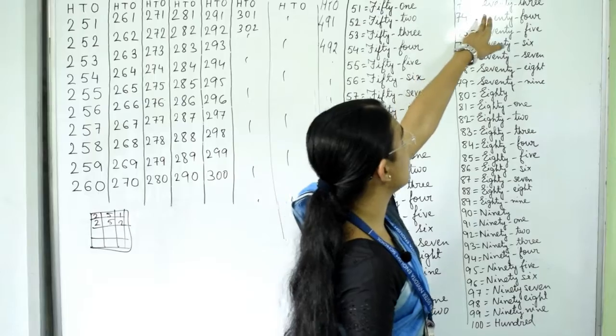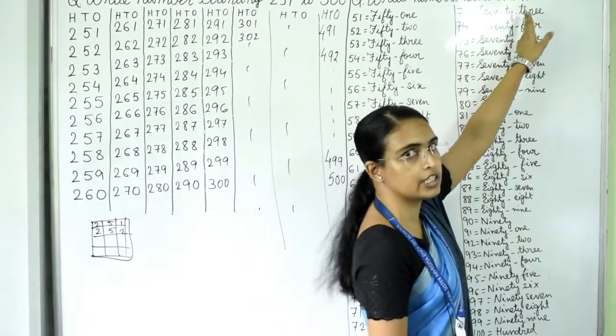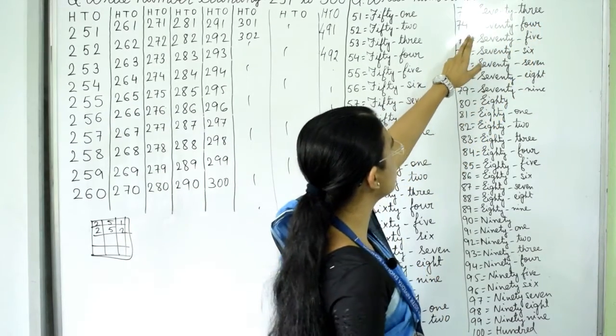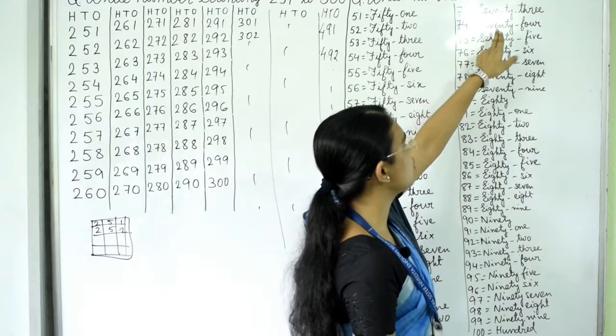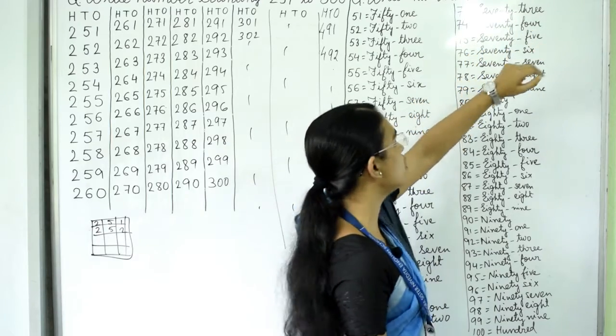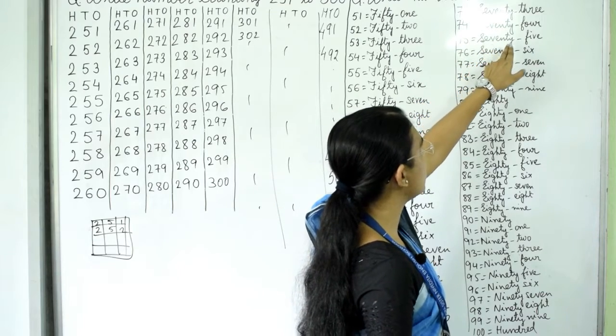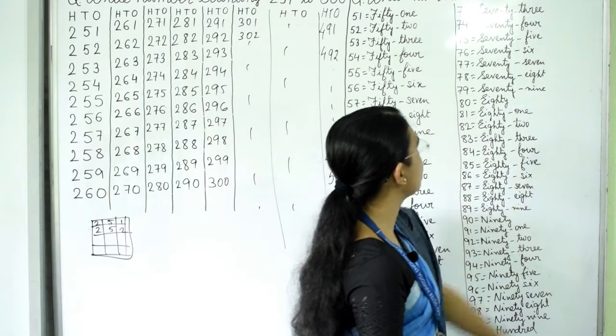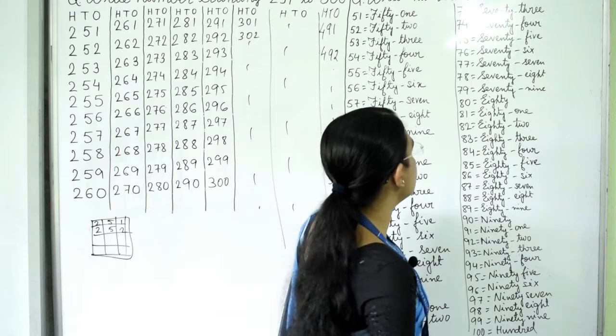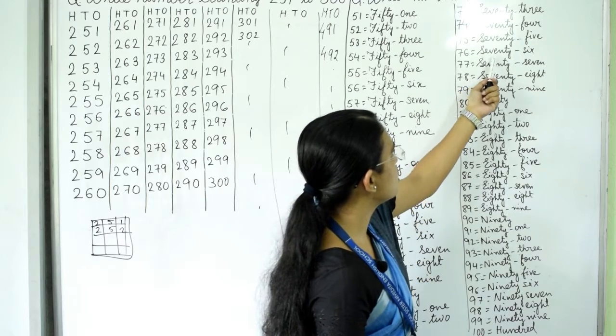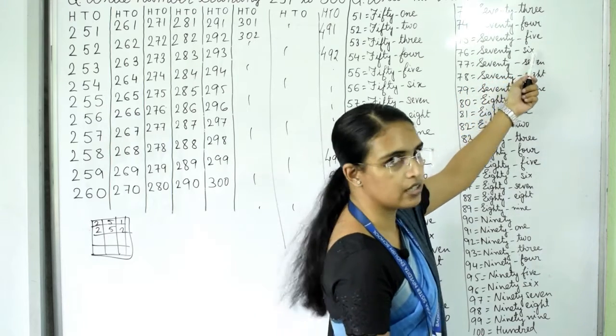Then 73, seventy 70, three 73. 74, seventy 70, four 4, 74. 75, seventy 70, five 5, 75. 76, seventy 70, six 6.